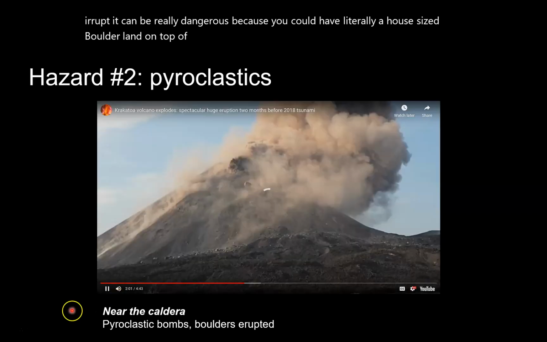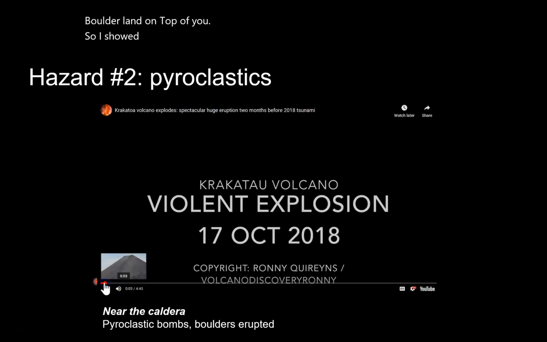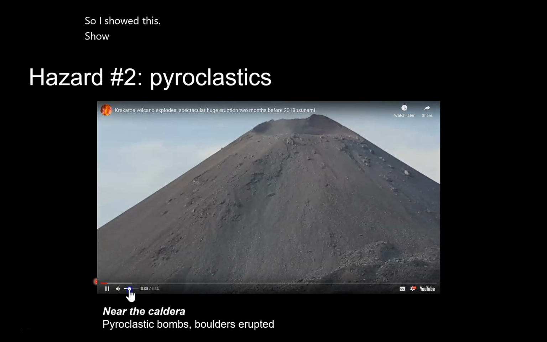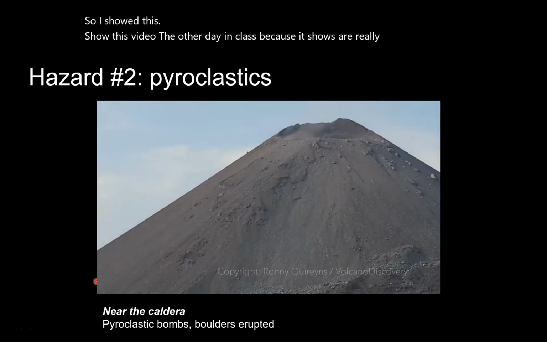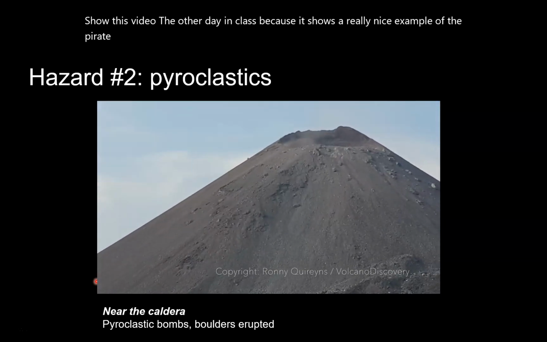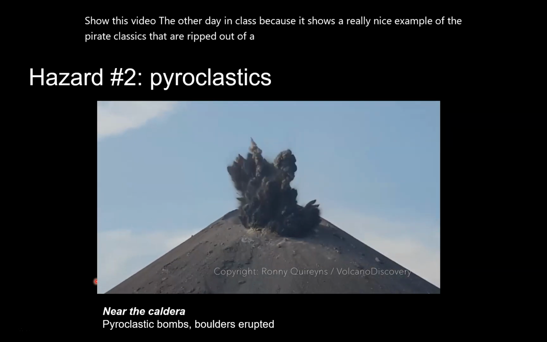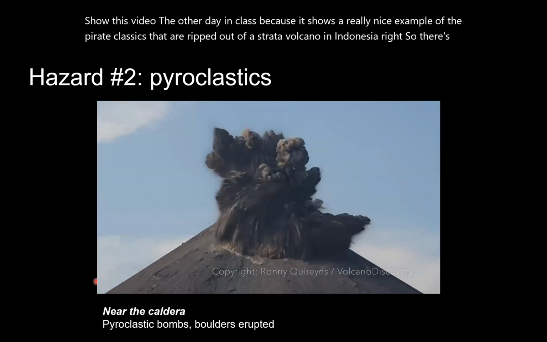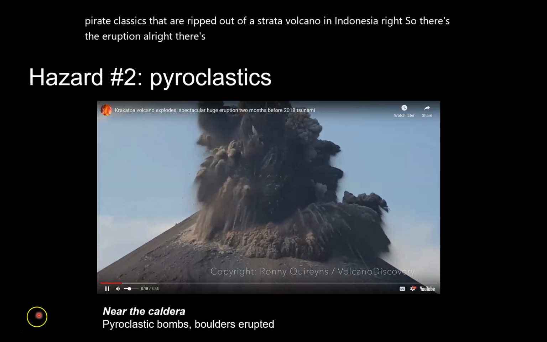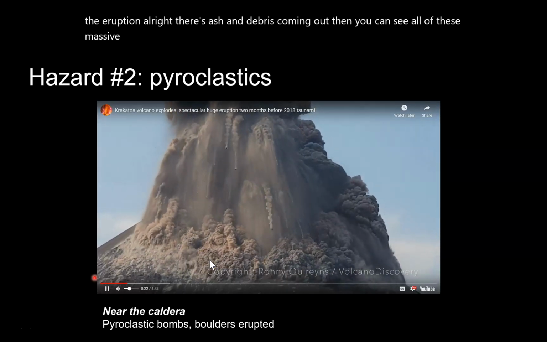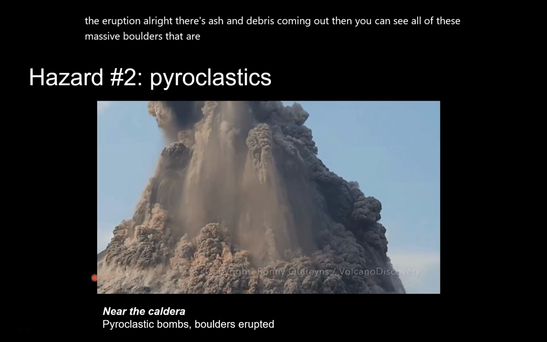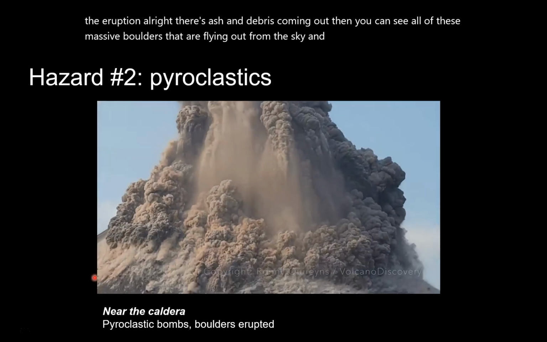So I showed this video the other day in class because it shows a really nice example of pyroclastics that erupt out of a stratovolcano in Indonesia, right? So there's the eruption, right? There's ash and debris coming out, and you can see all of these massive boulders that are flying out from the sky and landing on the mountainside below.